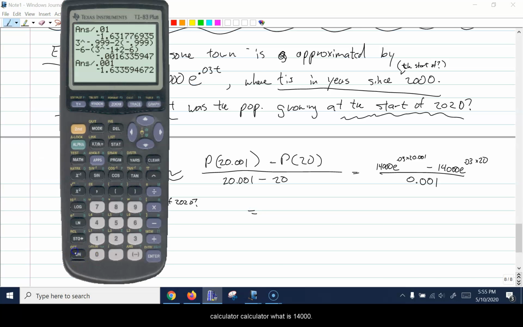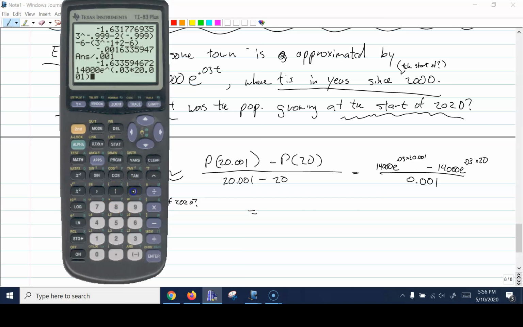Dear calculator, what is 14,000 e to the 0.03 times 20.001 minus 14,000 e to the 0.03 times 20.